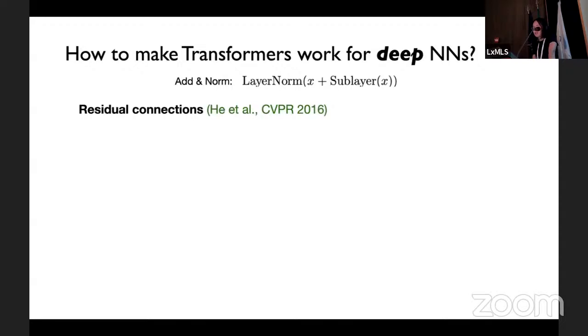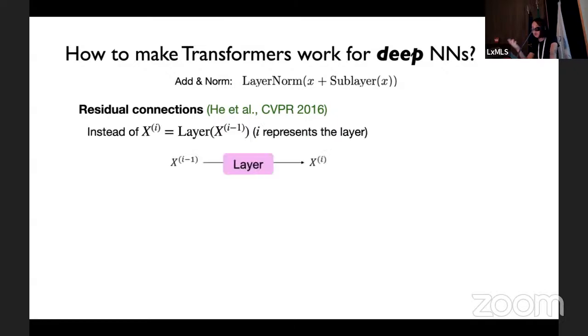Residual connection was from ResNet, a very famous paper in computer vision for training deep neural networks, but people also use this idea in training transformers. The idea is, if we don't add a residual connection, the input matrix is x_{i-1}, you go through another layer, which could be a transformer or multi-head attention layer, and then you get output x_i.